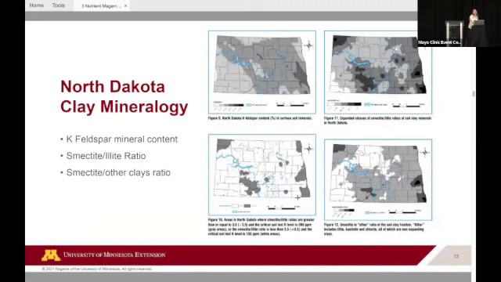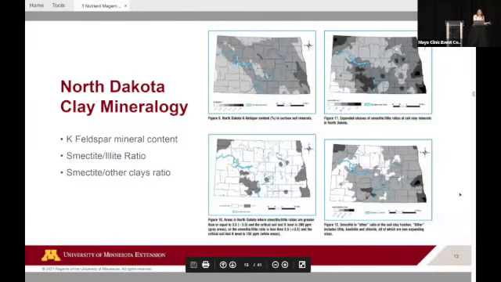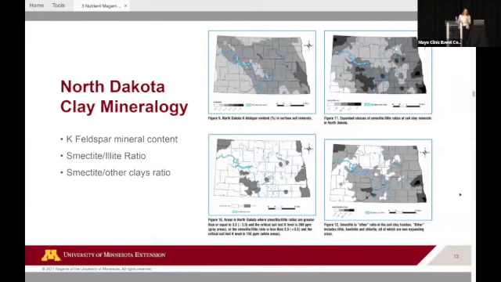These are maps that were created a year or two ago by Dave Franzen, and I'm not sure if Brecker worked on this, but anyway, this covers K feldspar content, smectite to illite ratios, and ratios of smectite to other clays, etc. They identified a very specific breakpoint in their smectite to illite ratio, a 3.5 ratio, which is this map down here. And we're also going to talk about the 3.5 ratio for soils of Minnesota.